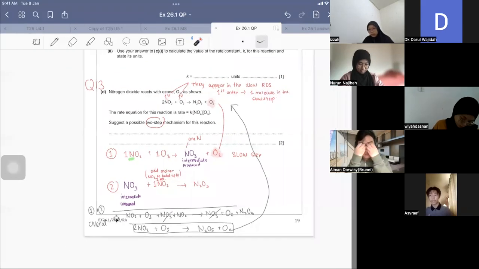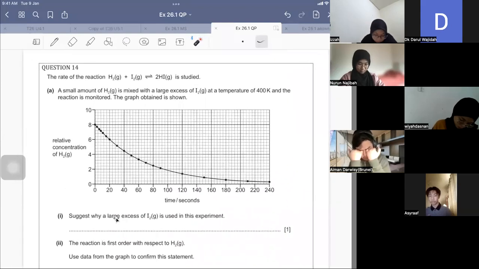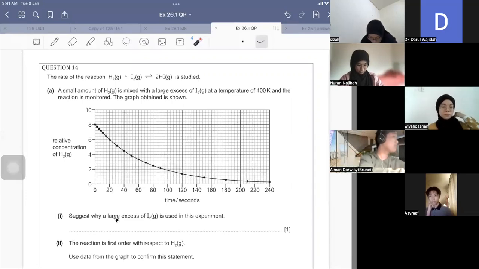Okay, thank you. Right. So this is the reaction with hydrogen with iodine to form 2 hydrogen iodide. A small amount of hydrogen is mixed with a large excess of iodine.